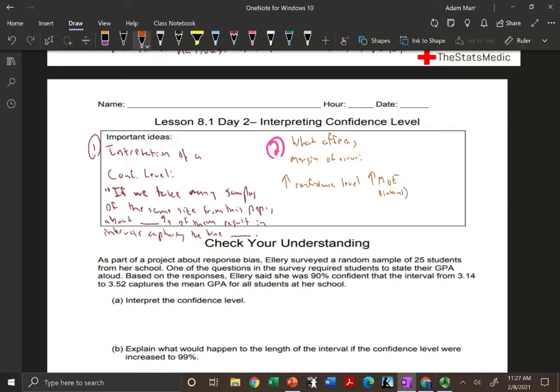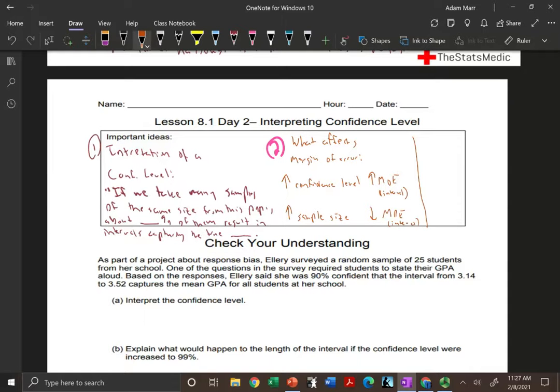If you increase sample size, remember when we increased sample size, the interval shrunk, it got narrower. That is going to lower your margin of error. All right, so that's part 2.